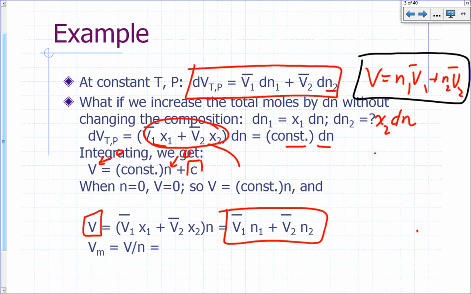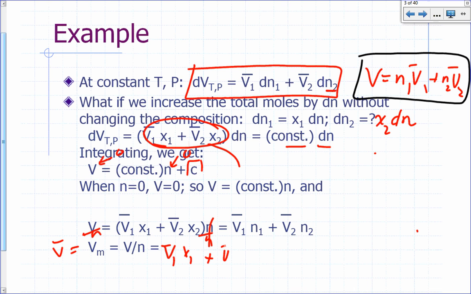Now you can define the molar volume, V sub m, or you can write that as V bar, as V divided by N. If you divide both sides of this by N, then that's just V1 bar x1 plus V2 bar x2. So that's your molar volume.